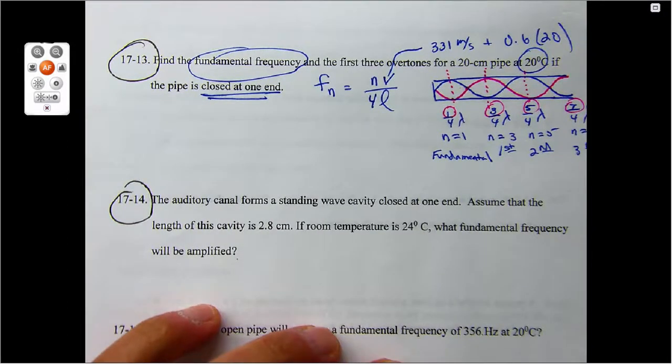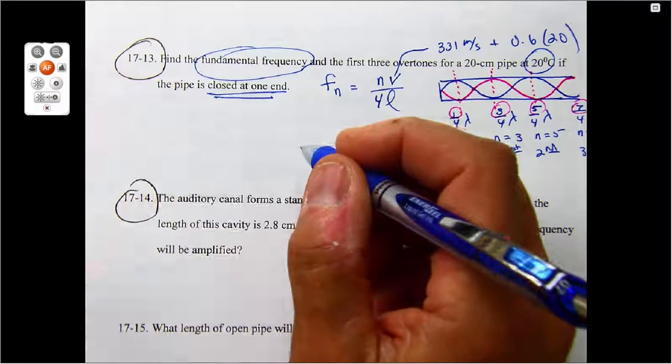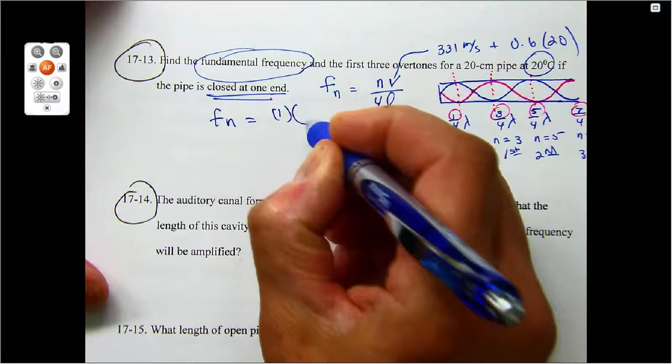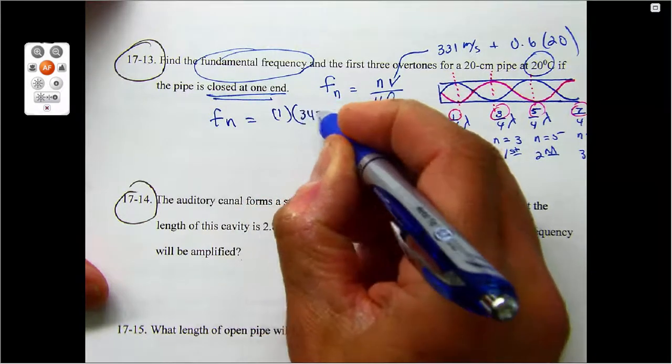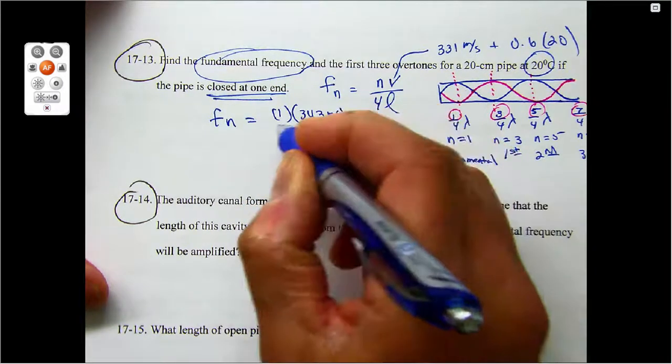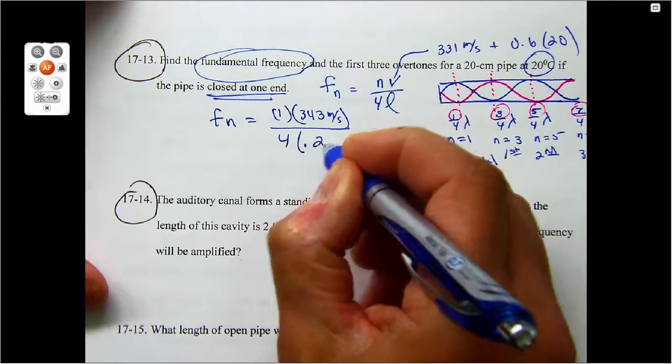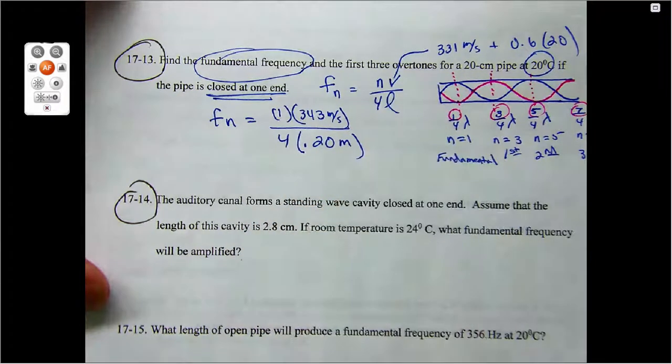So we're at 343, right? So the fundamental at that fixed length pipe is going to be 343 meters per second over 4 times 0.20 meters, 20 centimeters.